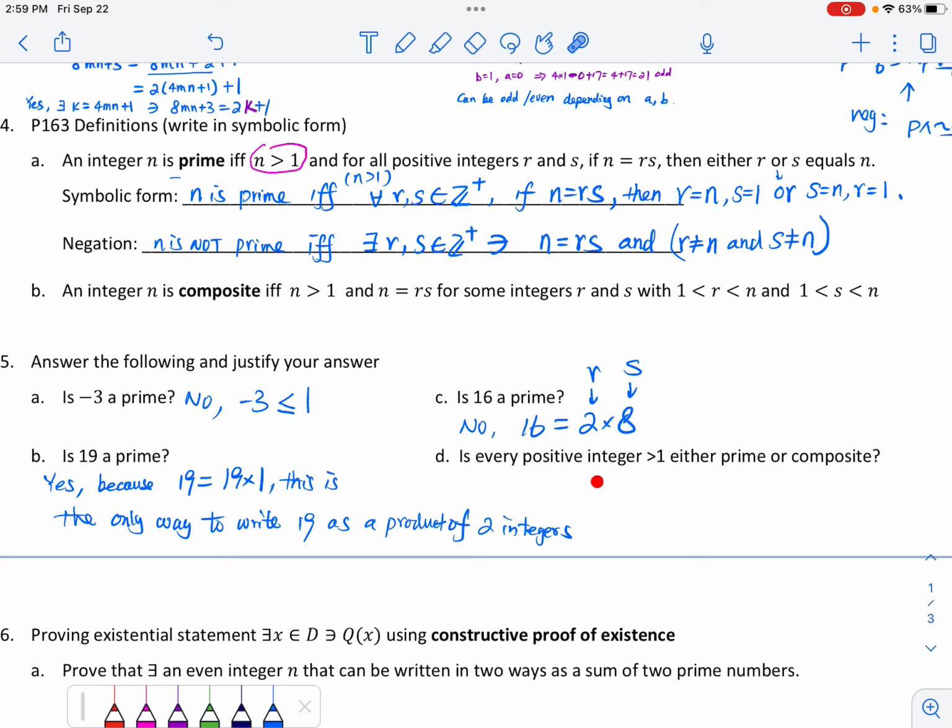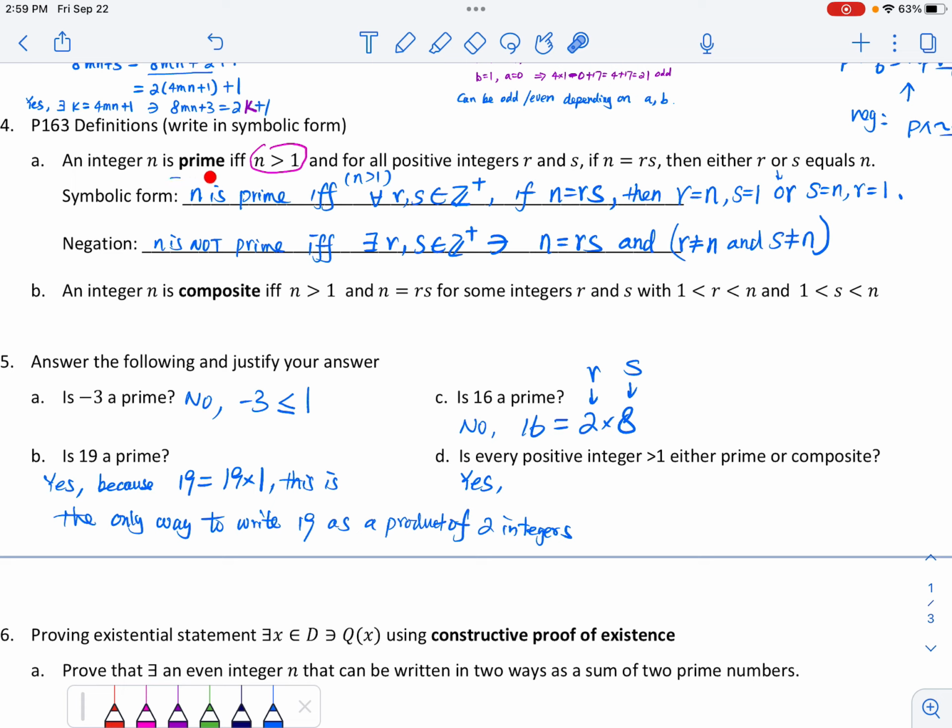Is every positive integer greater than 1 either a prime or composite? What do you think? I believe so, yes. And how so? Take a look at how we define that. To be a prime or composite, first of all, n is greater than 1, right? And do you see that composite is basically the negation of prime?